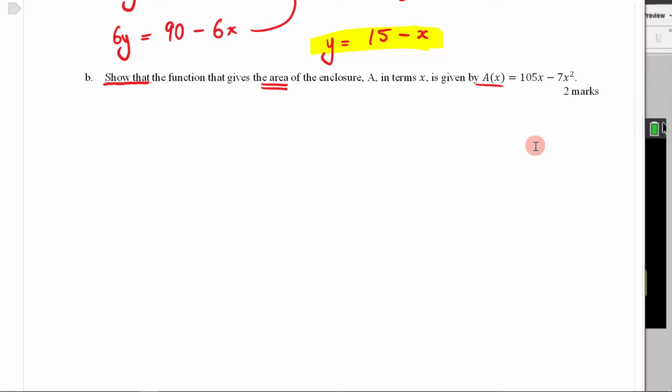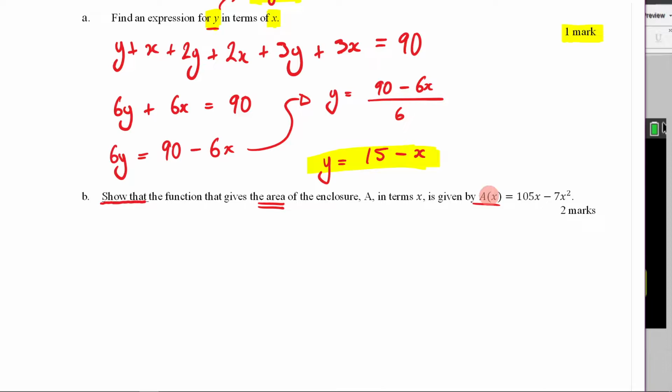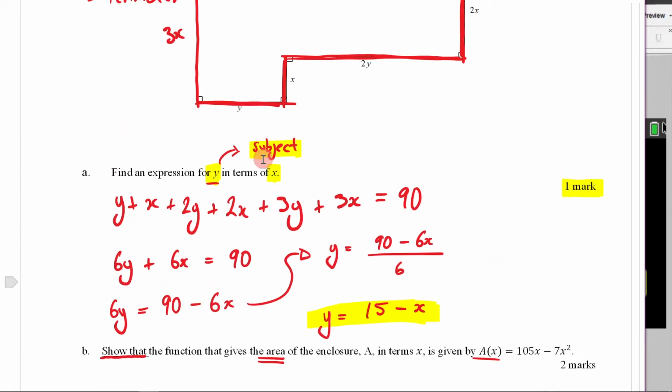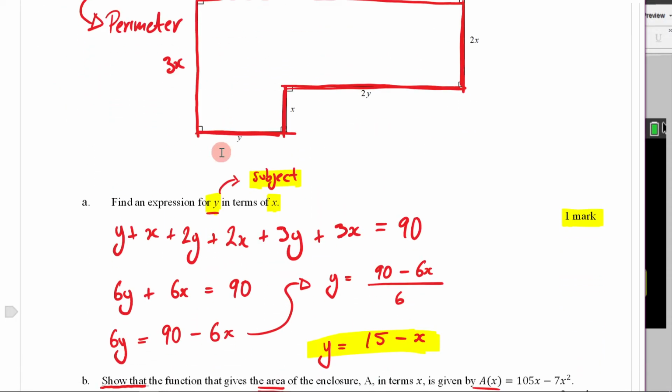As you can really see, the function notation changes nothing at all. In your CAT, this just said A was equal to. Now we've just got A of x. So this really isn't a new idea. I'm mainly going through this CAT example because so many people had trouble with it, but we've already gone through it in 3L and 5H, not much different.